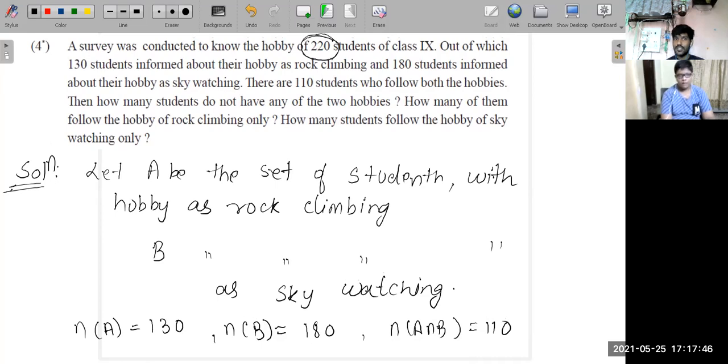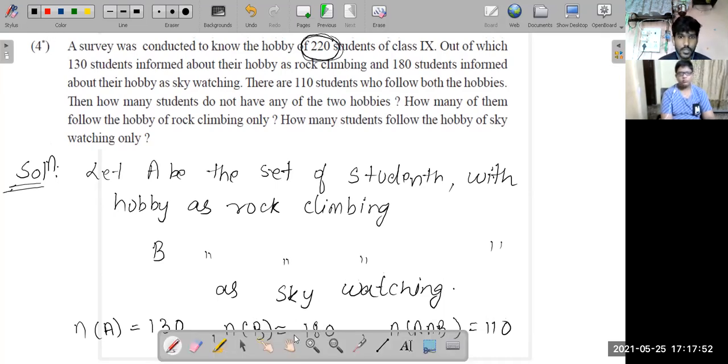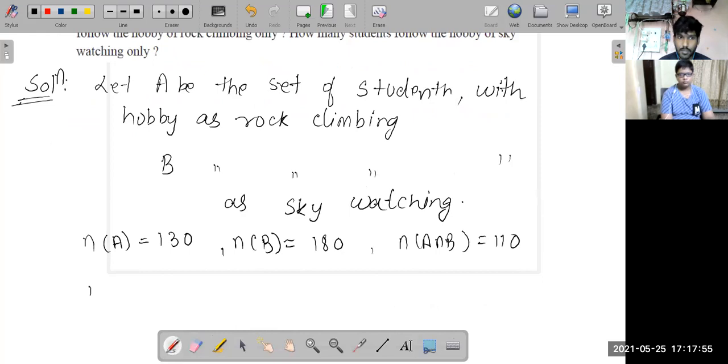What is this? The universal set. So the number of elements in the universal set, that is total number of students, is 220. Is it clear up to here? Yes, sir.